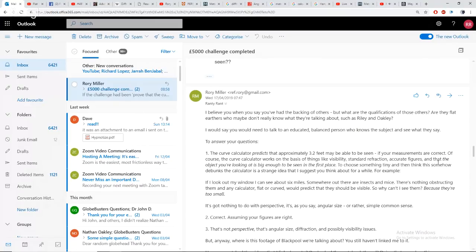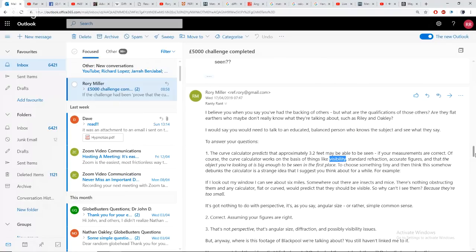He believes that the curve calculator takes visibility into account. No, it doesn't. It doesn't say what was the visibility like on a certain day. Was the fog in the air? Was it raining? Was it cloudy? Was the low cloud cover? Was it misty?